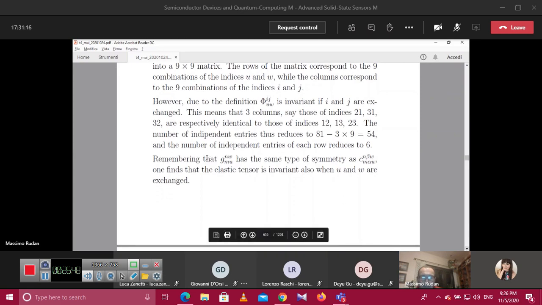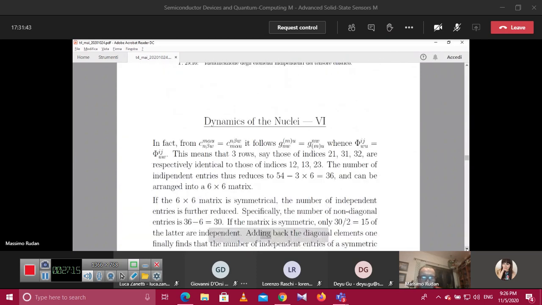We observe that G has the same type of symmetry as the original entries of the elastic coefficient. So the elements of this tensor are also invariant upon exchange of U with W. Okay, so again, we repeat the analysis now using the rows.